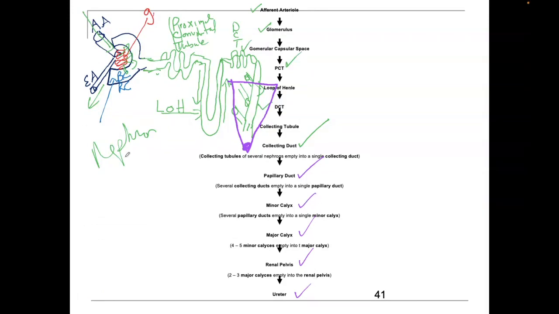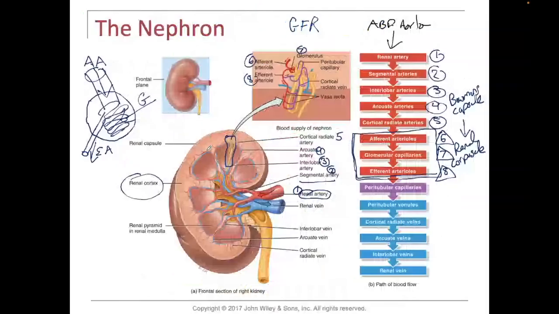Okay, so why did I feel the need to draw out this nephron? Well, because we're talking about the blood supply. We started here at the abdominal aorta, leading into the renal artery, into the segmental, into the interlobar, into the arcuate, into the cortical radiate. Remember, I made this box because these are kind of like the beginning of that nephron.